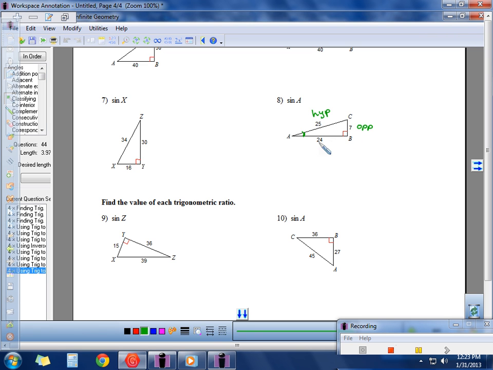These are the two pieces I need to be focusing on. I don't really care about the adjacent. So once again, I need to put opposite over hypotenuse. That's 7 over 25. And since it said round, we need to round this answer. 7 divided by 25 is 0.2800.